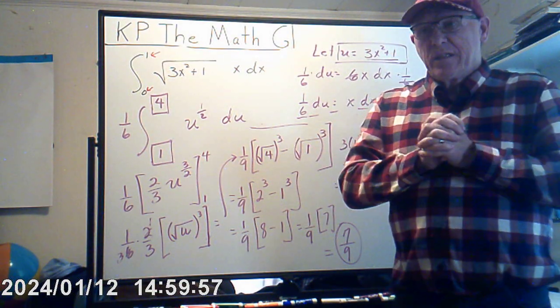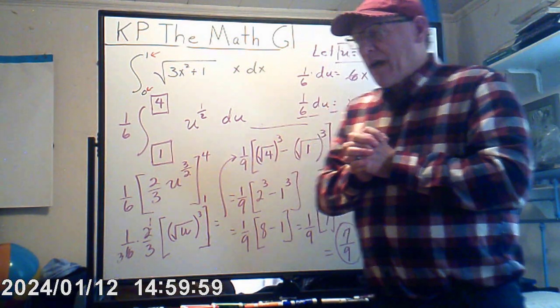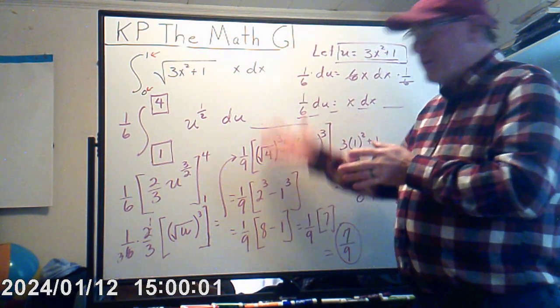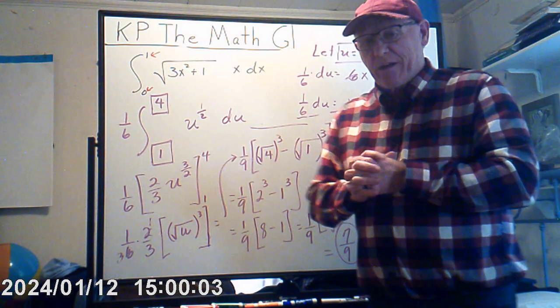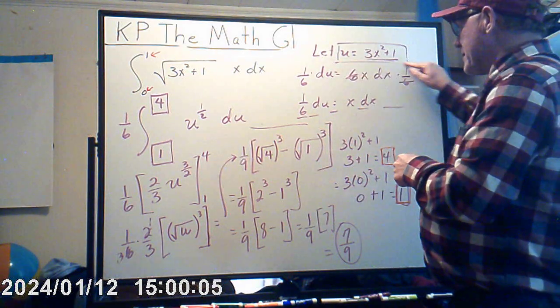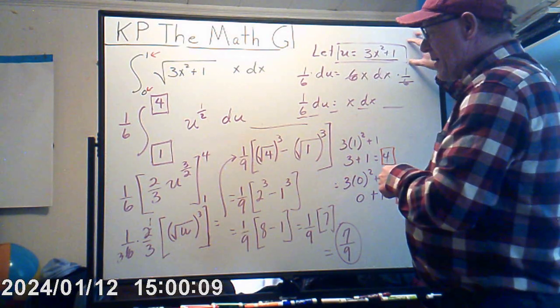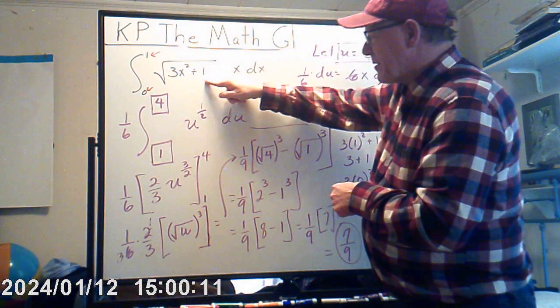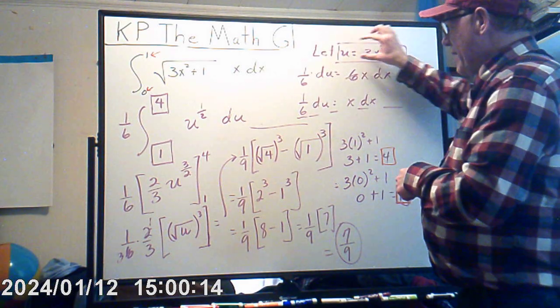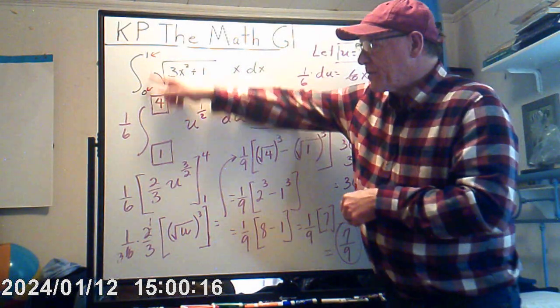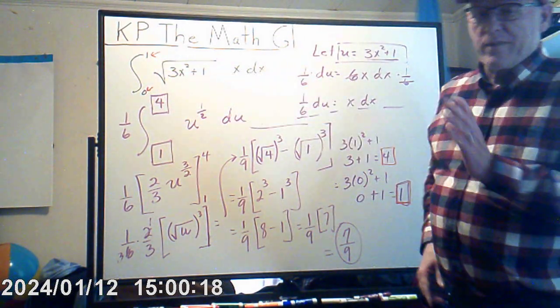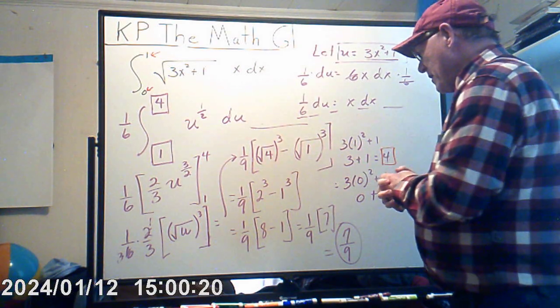I just want to show both ways. And if you practice with this, you will get better. It'll get easier for you. It's just this let statement right here, whatever you let that be, and you had to let it be that because that was under the radical, then that's where you're going to substitute your 0 and your 1, in that order.